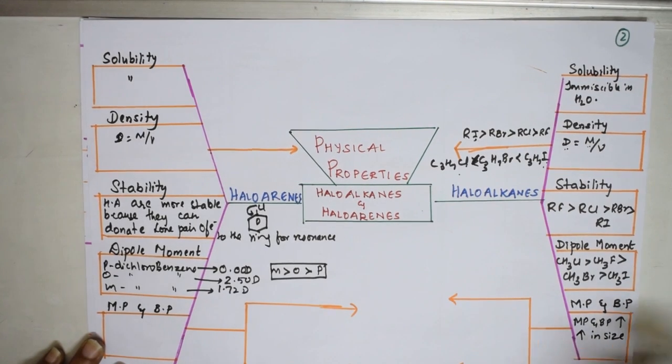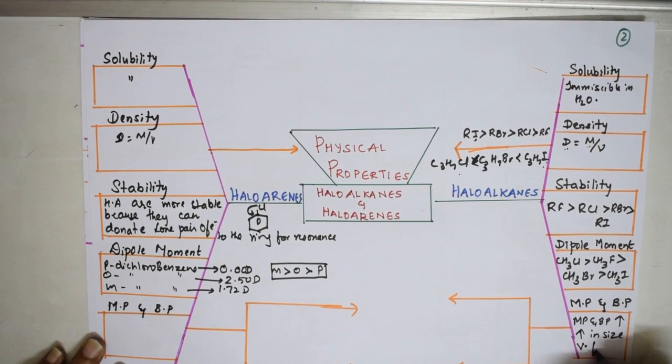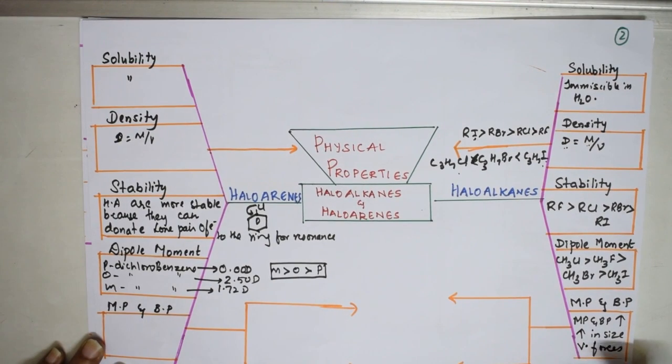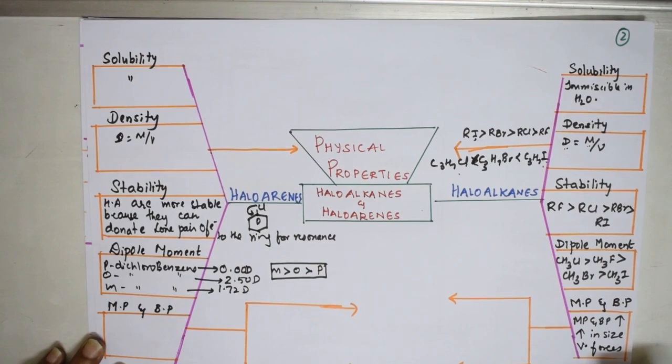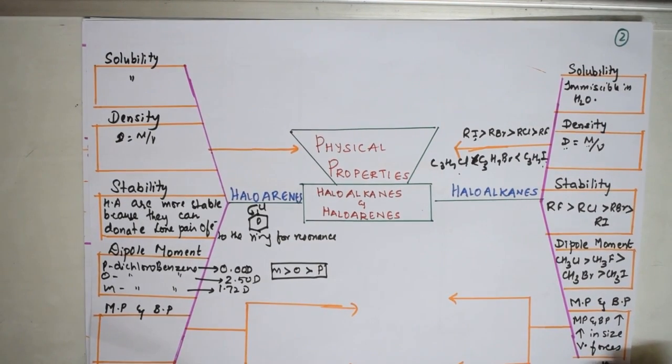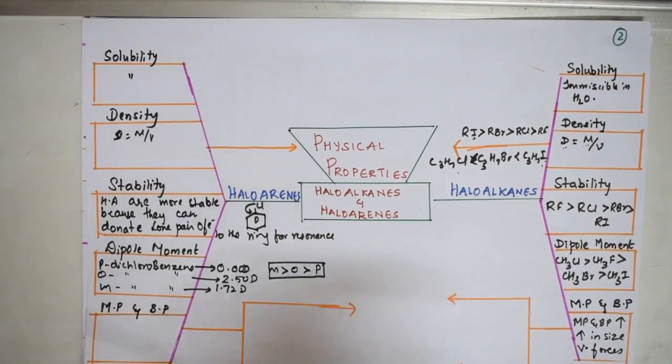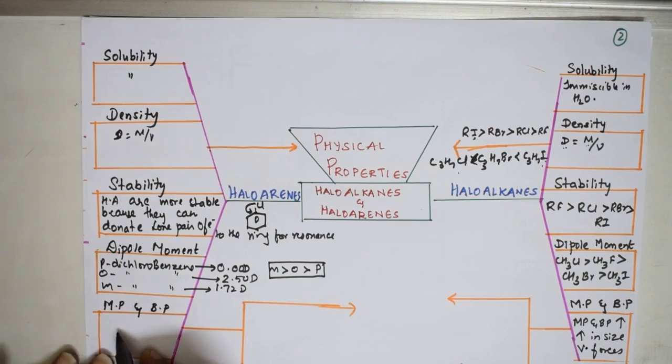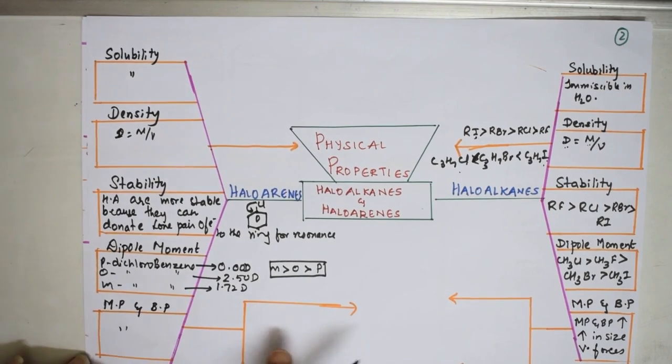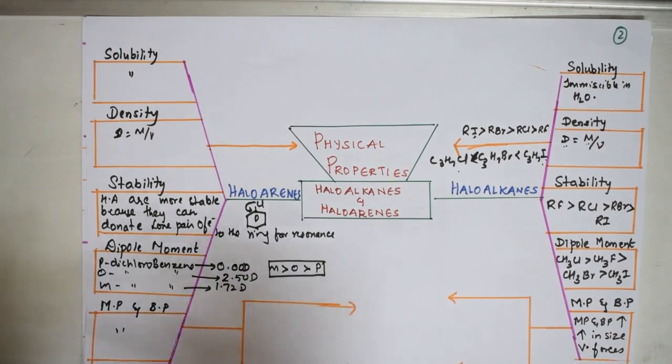Because the van der Waals forces are higher. That's the reason the melting and boiling point increases. Right, students? Here also it's the same thing which is noted, but the important things are the examples we'll see, so you can correlate with this.